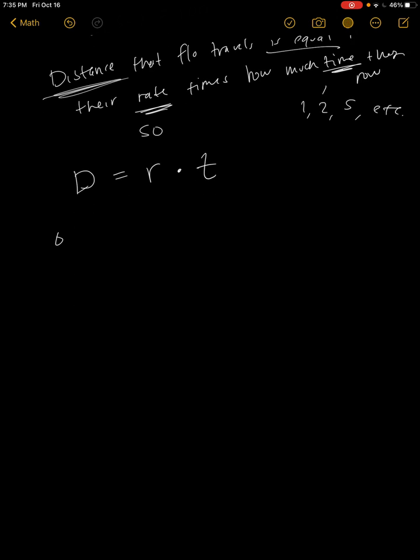Okay, so if we want Flo to travel 800 yards, that's the distance, because we want Flo to get to the dock. We know their rate is 50 yards per minute. Then what's their time?